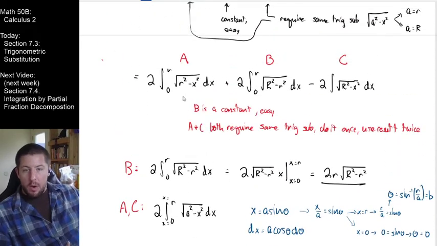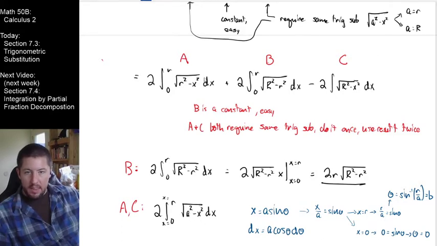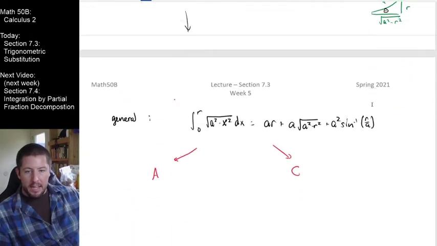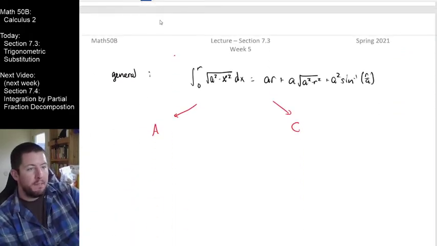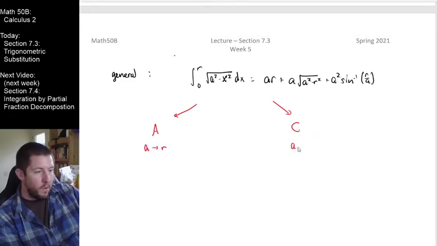What we called our a and our c integrals were exactly what we just did, except instead of that lowercase a that we're seeing right there, we had lowercase r and we had capital R. So for the a integral, a is going to be lowercase r, and here a is going to be capital R.